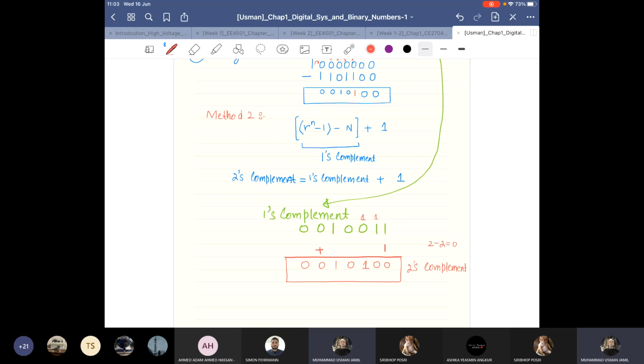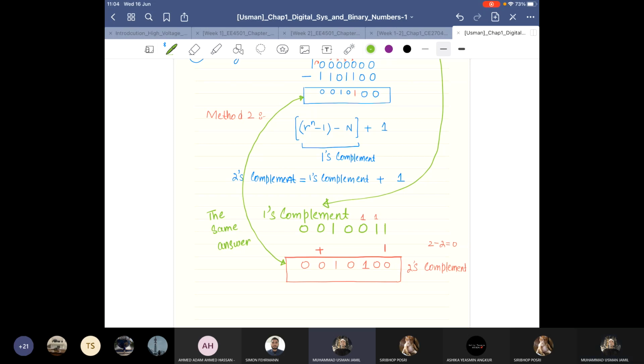And now you can see this one and this one are the same answer. So this is how we can find our r's complement and how we can find our r minus 1's complement.